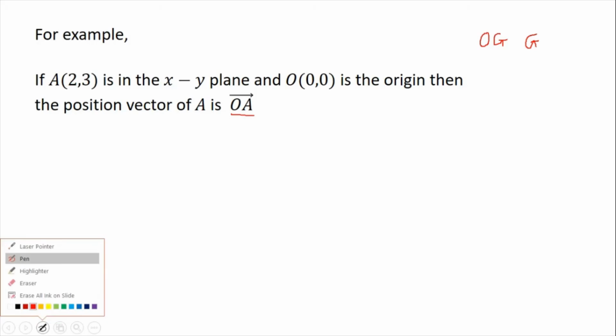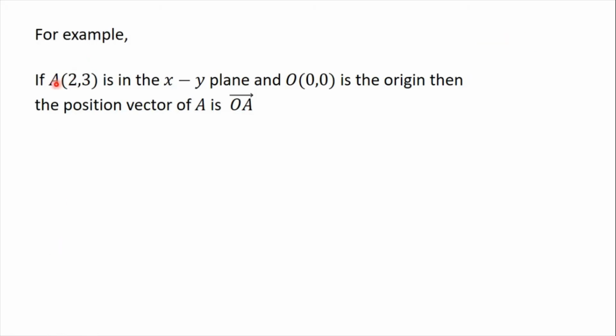Okay, so let's continue. If you have this point here, point A, with the coordinates 2, 3 in the xy plane, and O is the origin, and we join O to A, the new vector OA is the position vector of A. The components of this position vector OA, which can also be written as small letter a, are: the x coordinate of A will be the x component, and the y coordinate of A will be the y component.